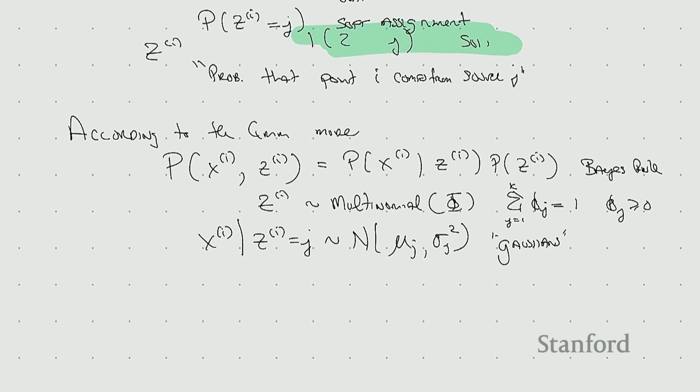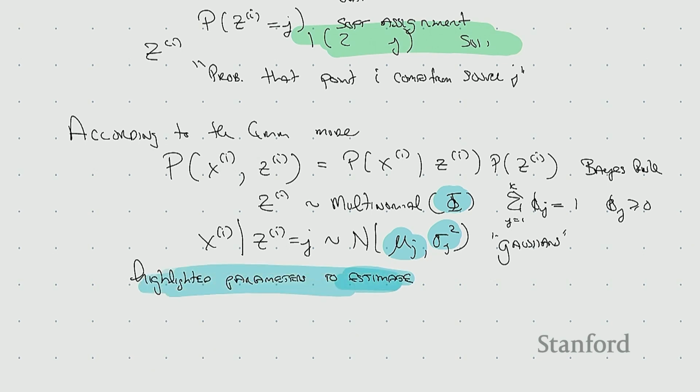Now, let me highlight for you the parameters we have to estimate. Okay. Or this thing. Or this thing. Okay. All right, these are the same color.